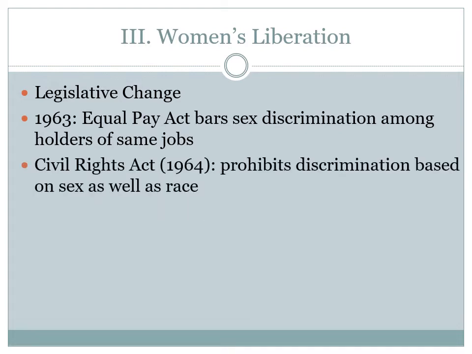When we talked about the Civil Rights Act of 1964, I talked a lot about how it became more radical than it was originally formulated to be when it was first proposed. Southern senators and congressmen added to the Civil Rights Act a demand of gender equality, banning discrimination based on sex as well as race.